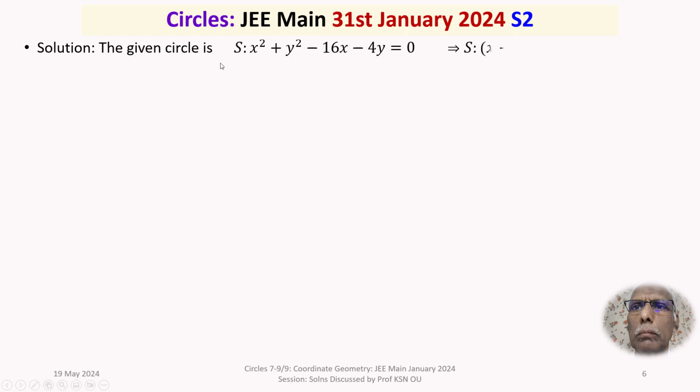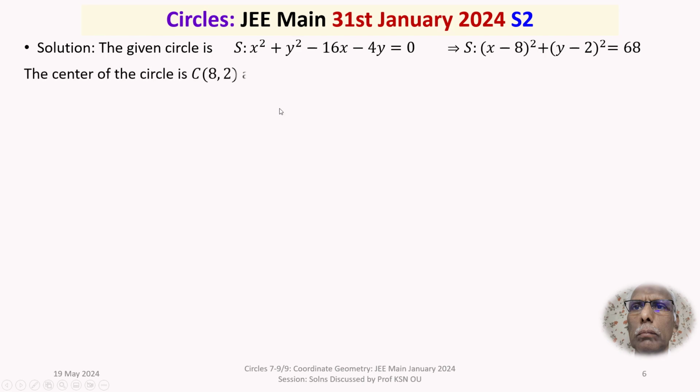We have the given circle, given by x square plus y square minus 16x minus 4y is equal to 0. Let's write this as x minus alpha whole square plus y minus beta whole square is equal to r square. We get alpha is 8, beta is 2, r square is 68.